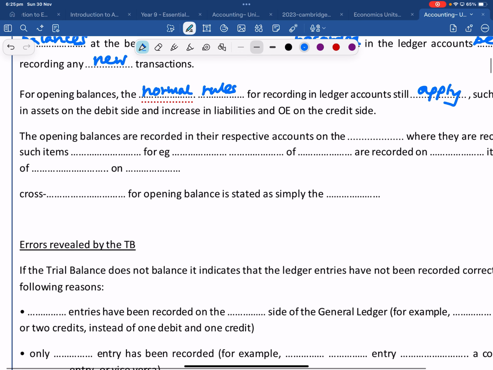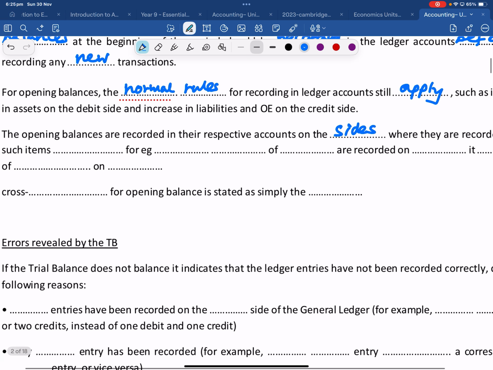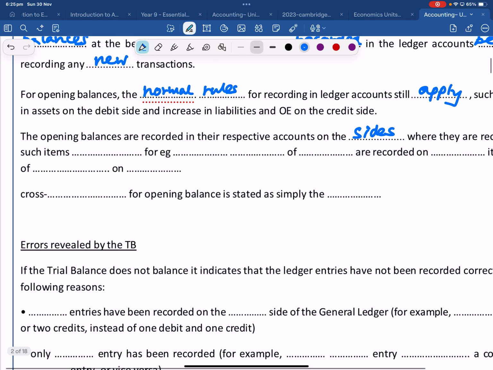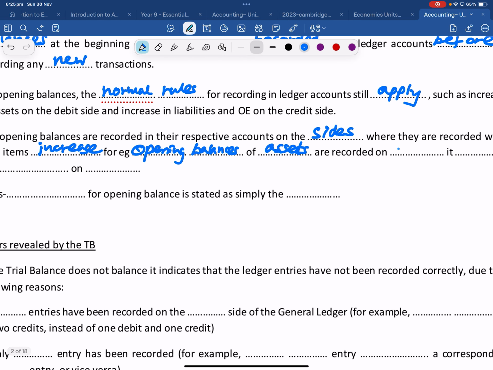Opening balances are recorded in their respective accounts on the sides where they are recorded when such items increase. For example, opening balances of assets are recorded on debit.